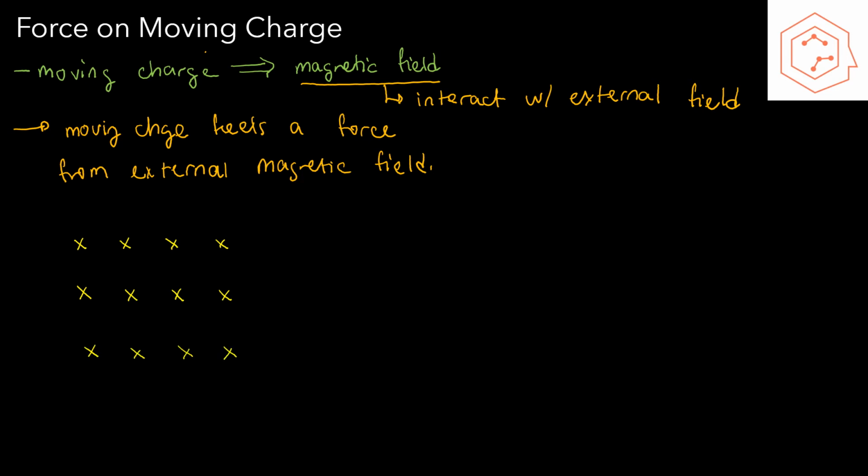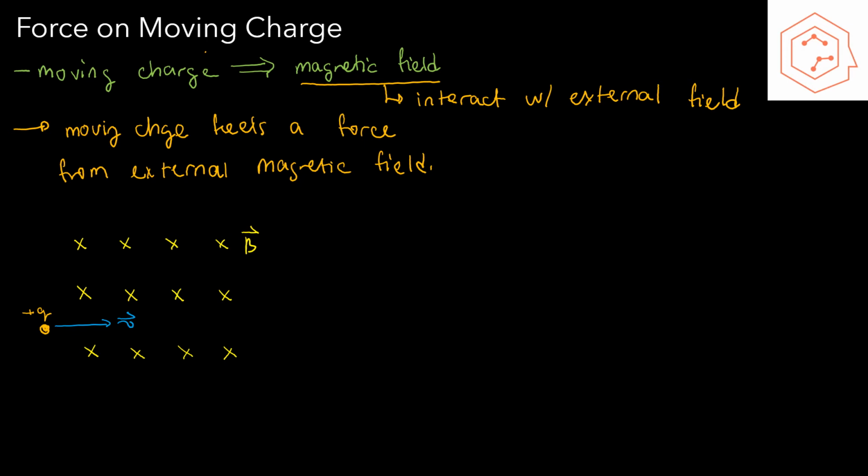Suppose we have a positive charge that is moving to the right within this inwards magnetic field. So we have our magnetic field and we have a moving charge.